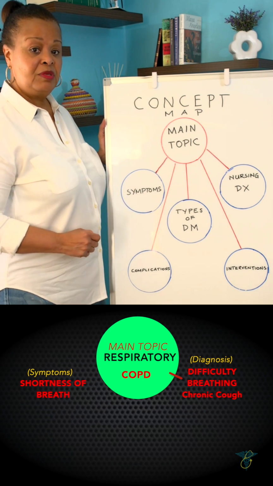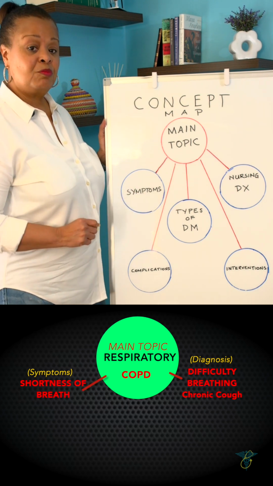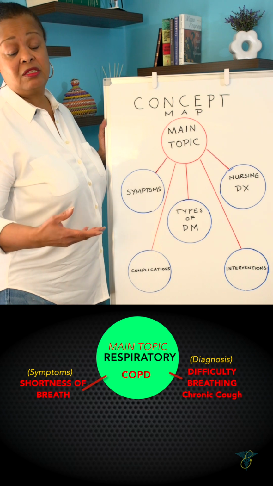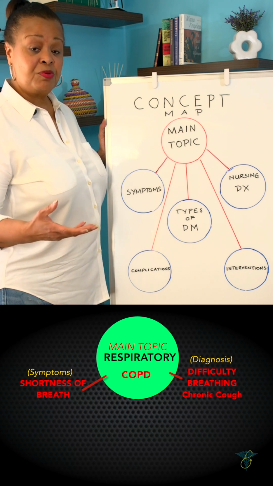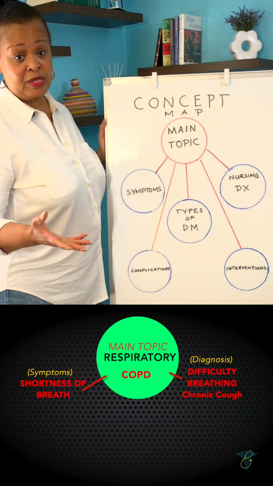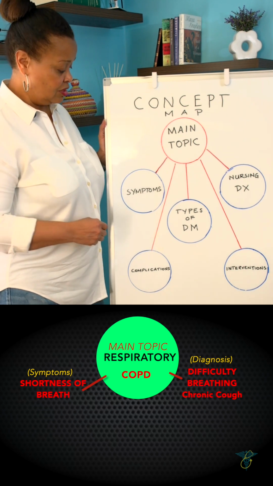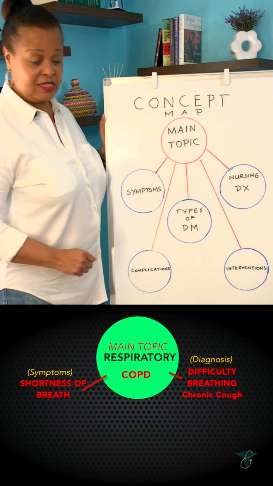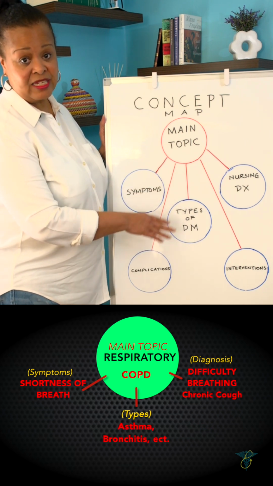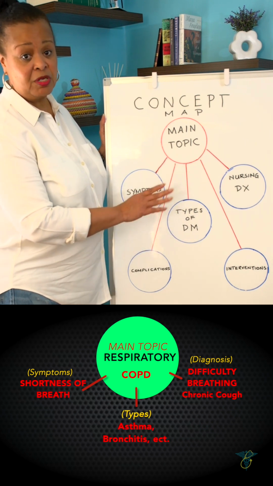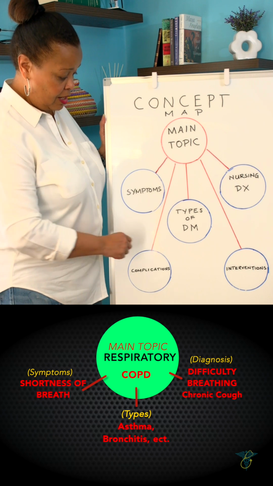Symptoms of that could mean that this person has shortness of breath when they ambulate or when the disease process has been exacerbated. They could have difficulty breathing, especially with exertion. Types of COPD would be many, including asthma, bronchitis, emphysema, all of those would go there.